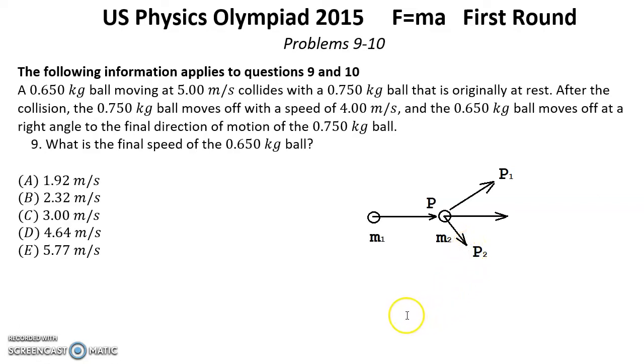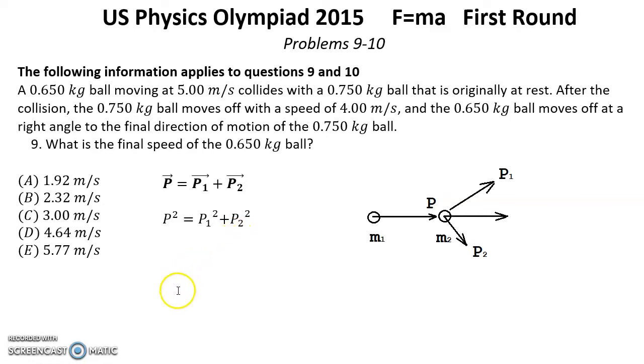So from here we can write equations. In vector form we have P equal P1 plus P2, but because this angle is right, we can write another equation. We have P squared equal P1 squared plus P2 squared.